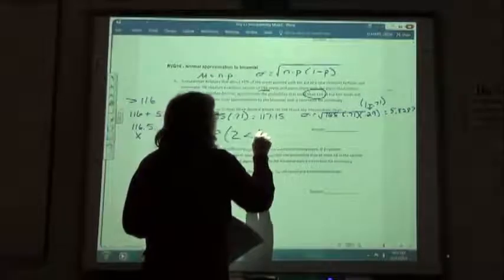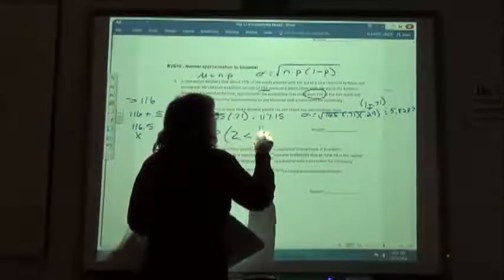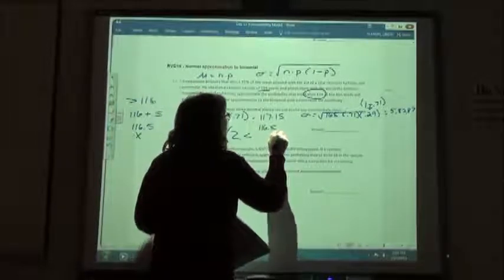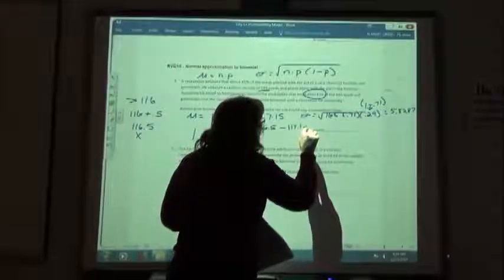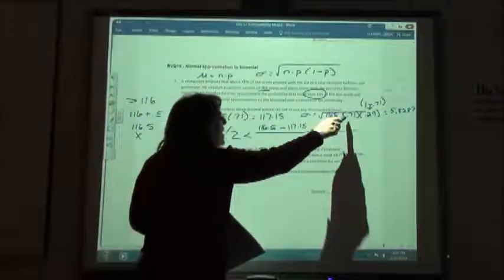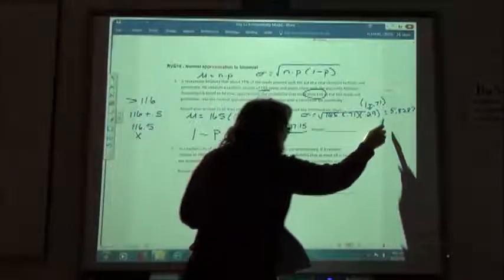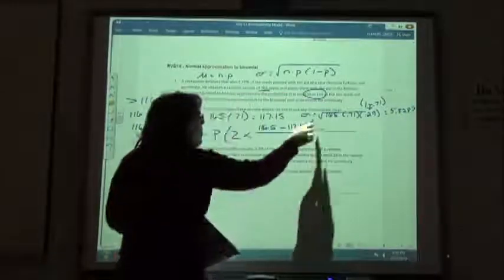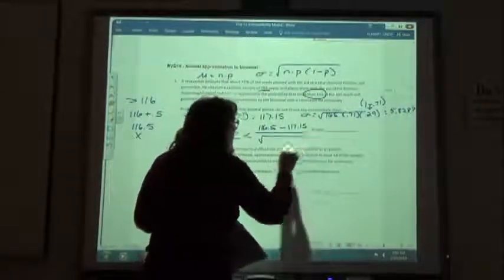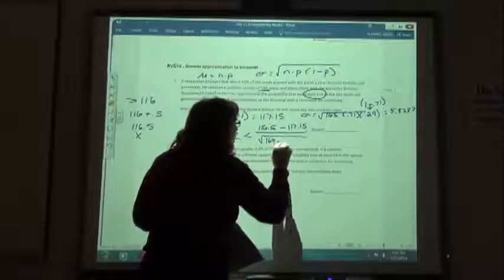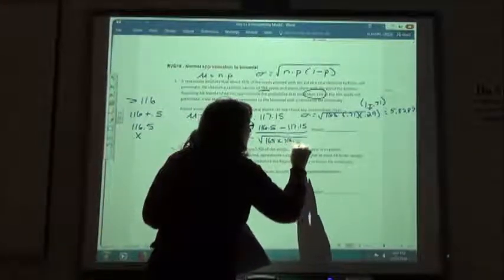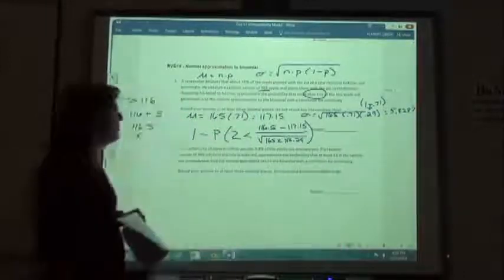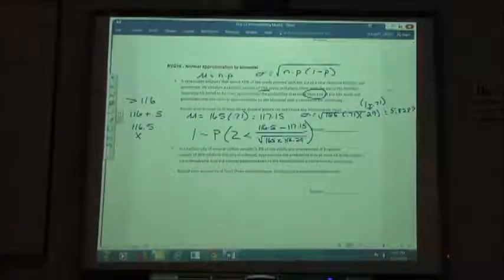Here's my sample, 116.5 minus my mean, 117.15 over my standard deviation. And in fact, I think I was getting rounding issues, so when I typed it in on the calculator, I just used the whole thing instead of finding my number and rounding it off.